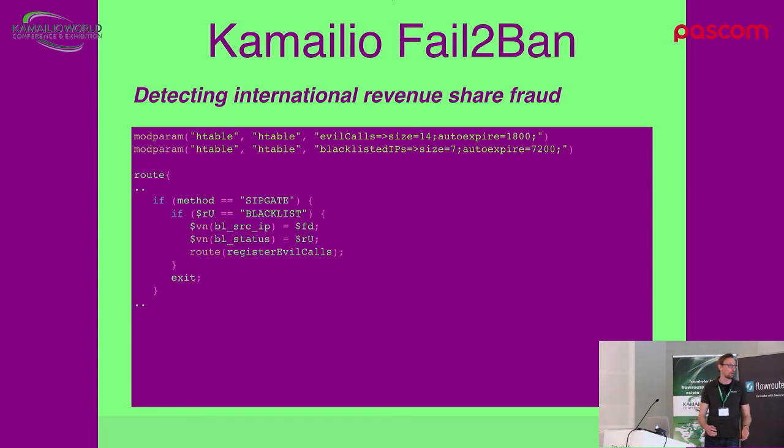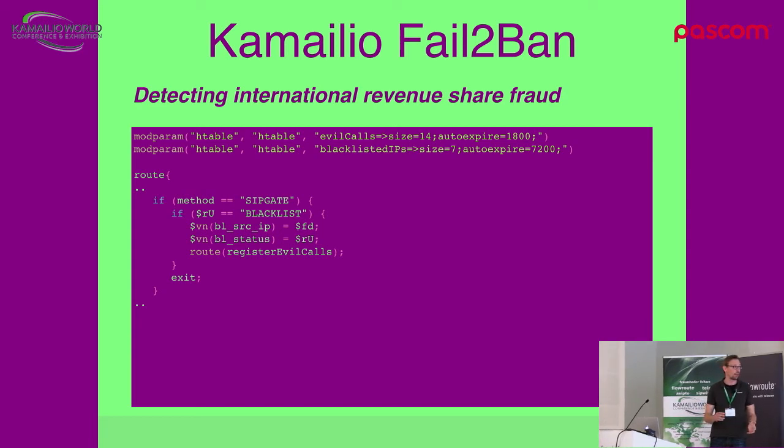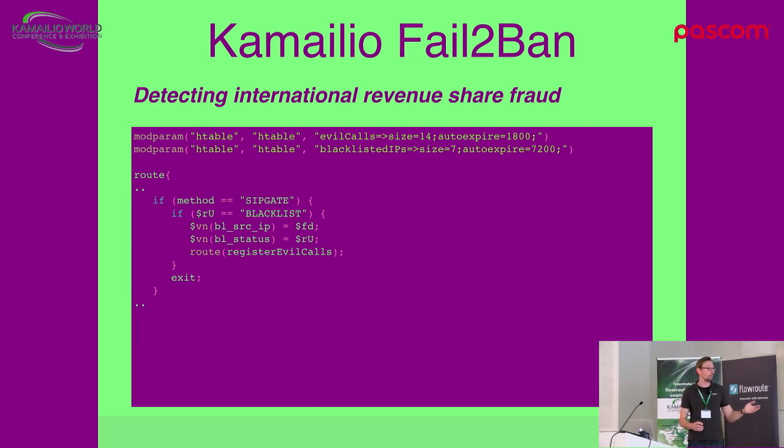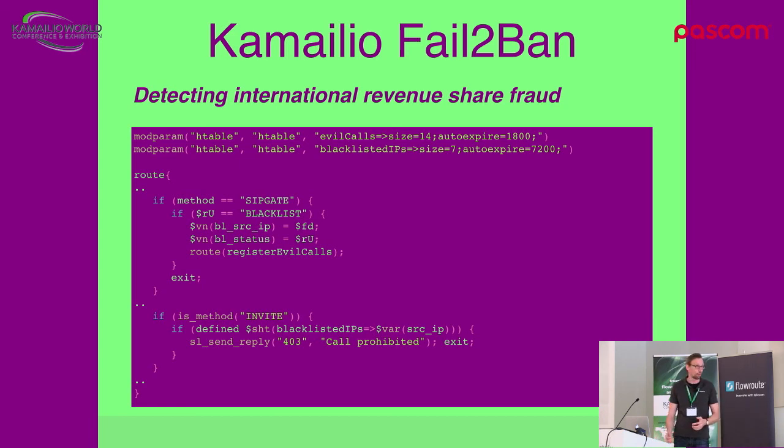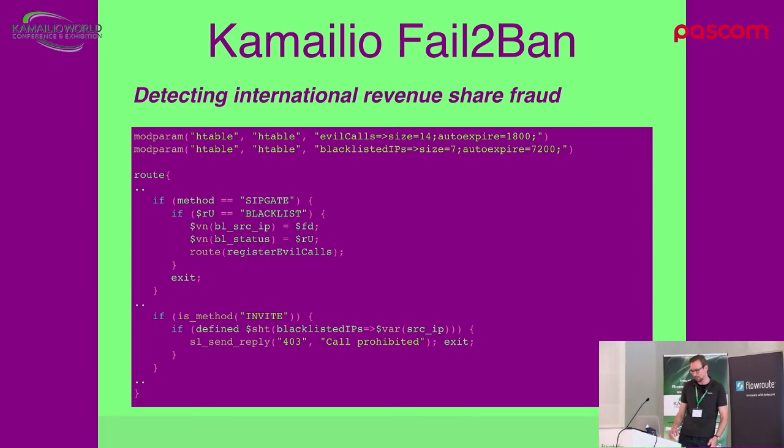And in the main route, we somewhere catch the Sipgate method and then send it to a register evil calls route. And later in the main route, we check on each INVITE that's coming from a customer whether the source IP address is listed in the blacklisted IPs hash table, and if it is, we send them back a 403 call prohibited.